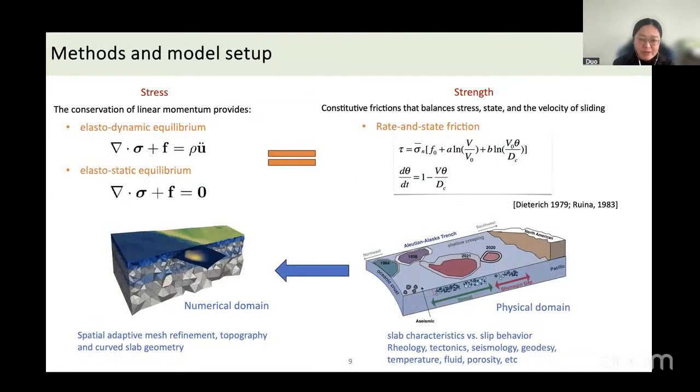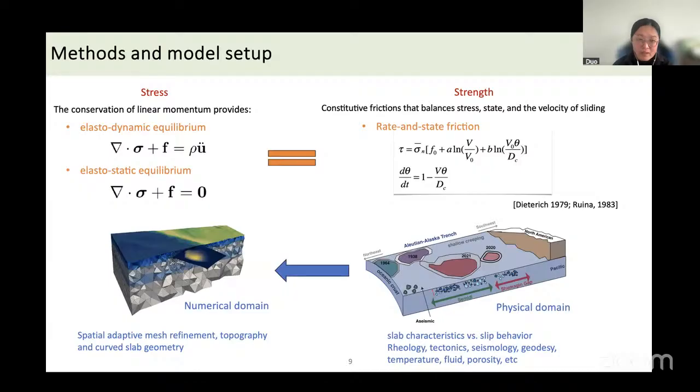The method we use is to solve the elastodynamic equilibrium equation, which says the force on the fault surface has to be balanced with the strength of the fault surface.